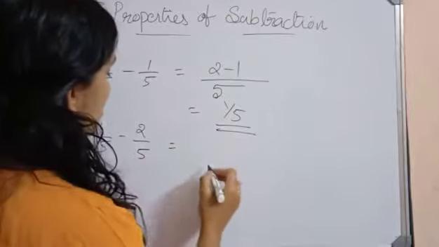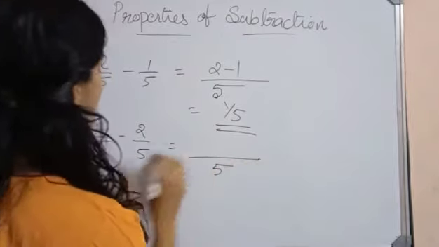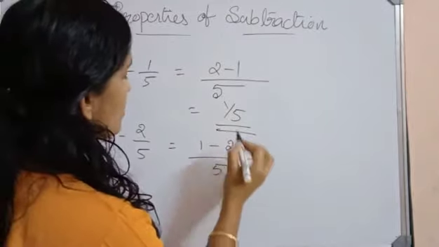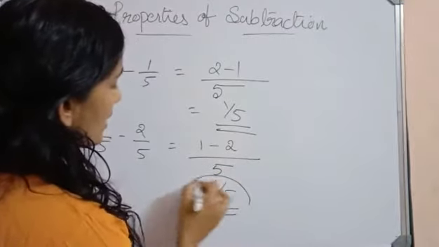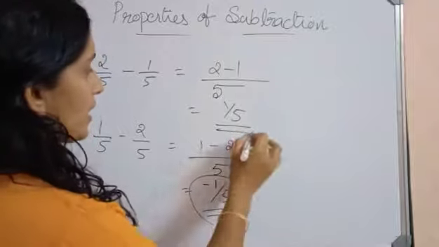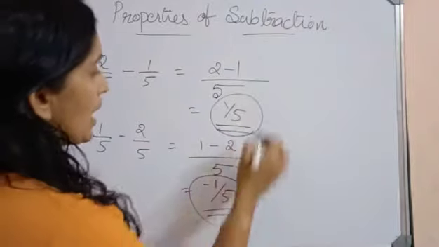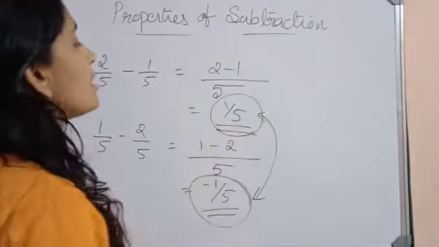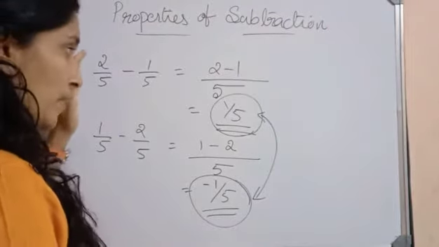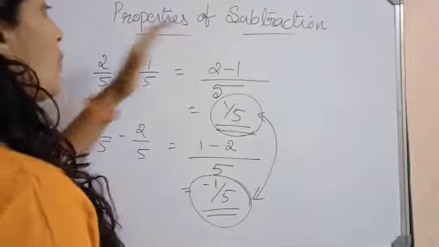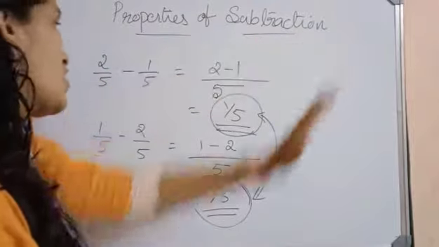So here what happens is upon 5, this will be 1 minus 2, that is equal to minus 1 by 5. Look at that. Here we are getting minus 1 by 5 and in this case we are getting 1 by 5. Are they equal? No, they are not equal. So what we can say? We can say that the commutative property does not hold good for subtraction of rational numbers.